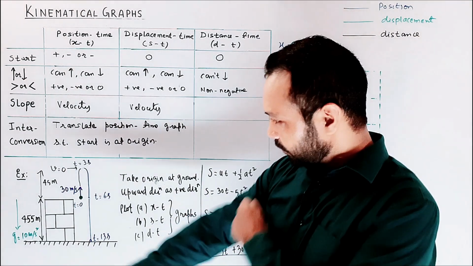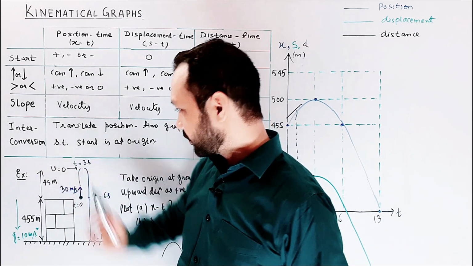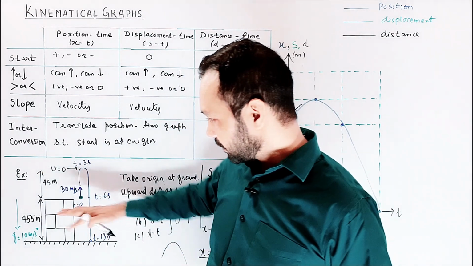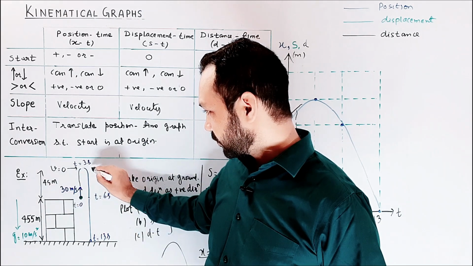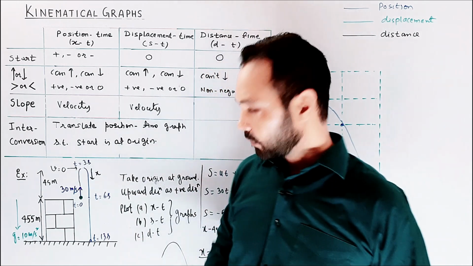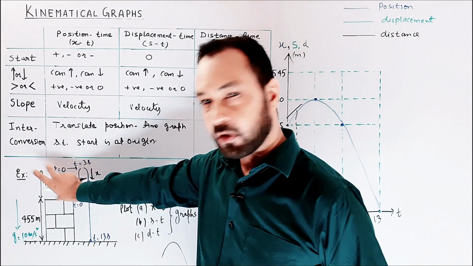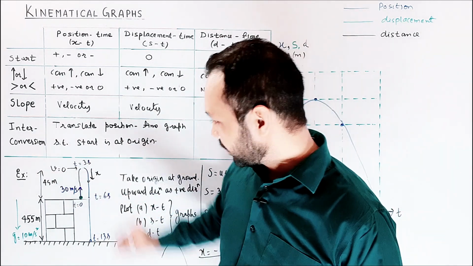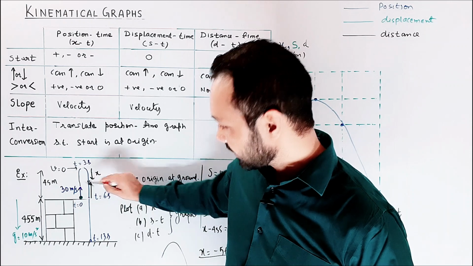Now I want to take a little distance. Suppose for the particle this height is 45 meter, and let me talk about the displacement. I am measuring displacement from here. Suppose the particle falls by a distance x from this point. So what is the displacement here? This height is 45, distance fallen is x, so the displacement is 45 minus x.